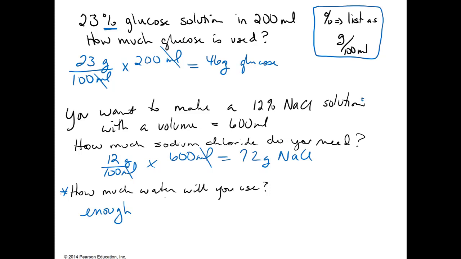You can't calculate it. Okay? All you know is you have to add enough water to make 600 milliliters with that 72 grams of sodium chloride in there. Because when you're talking about that 100 mils, that's the solution, not the solvent.